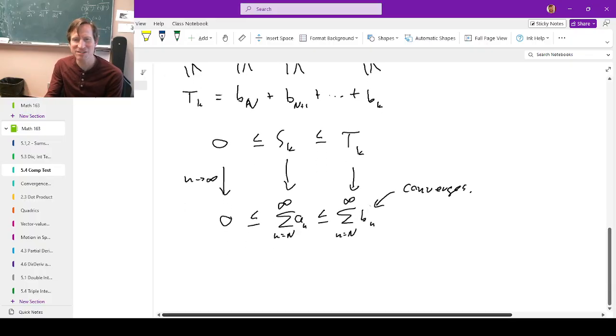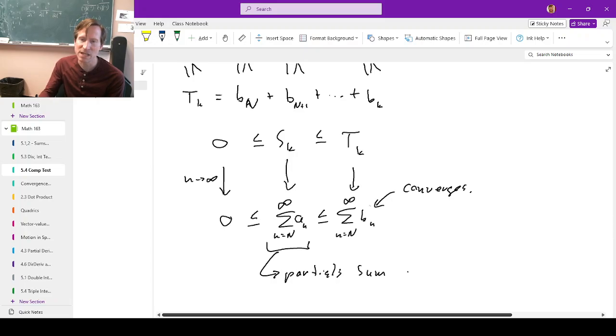So now we're in a situation we've been in before, right? For this series, the sequence of partial sums increases because all of the a's are positive, or non-negative, and is bounded, because it's bounded above by whatever the b's add up to.